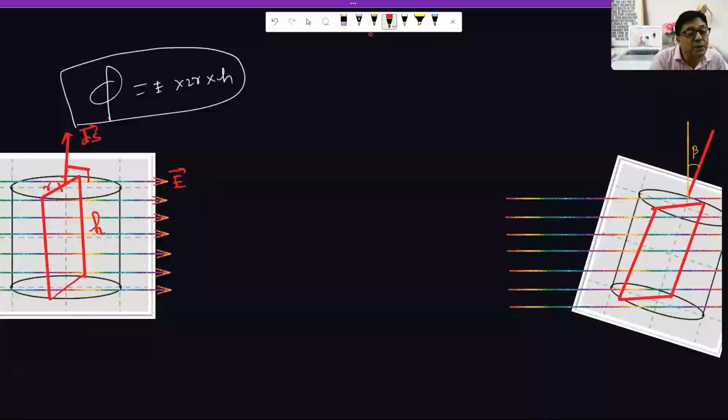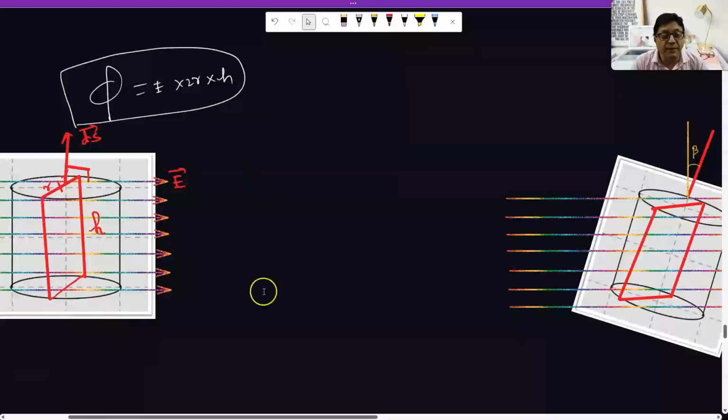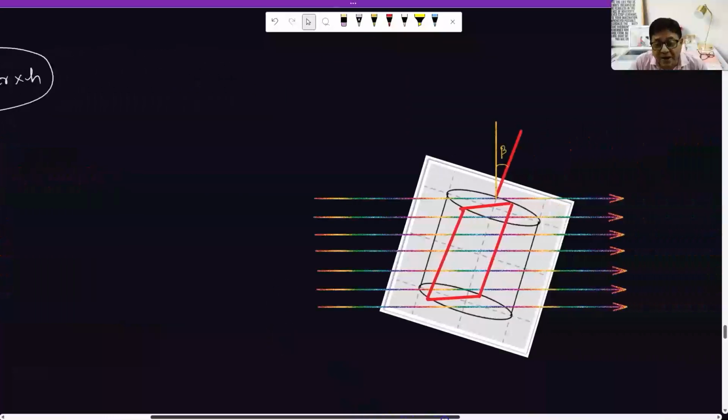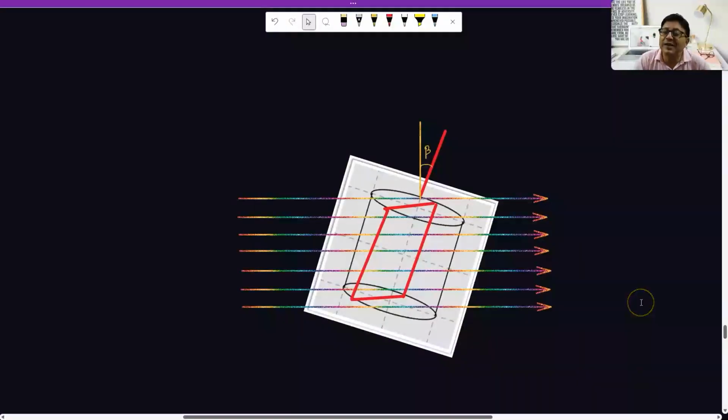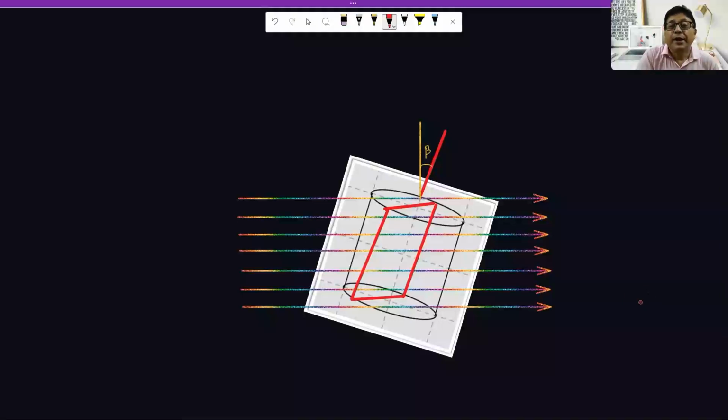Similar is the case for the opposite end cap. But here flux will pass through the end caps. Just go through this portion also. Okay. In both cases, here and here, it is the angle beta.